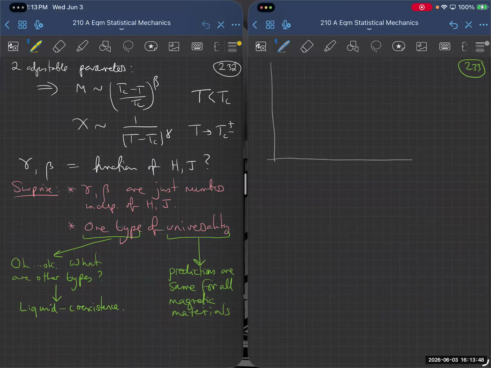Here is pressure, here is the volume, and then I drew the isotherms, and above Tc, the isotherms were roughly like the ideal gas, and then below Tc, they went sort of like this. And if I drew them at different temperatures, they would be doing something like this.